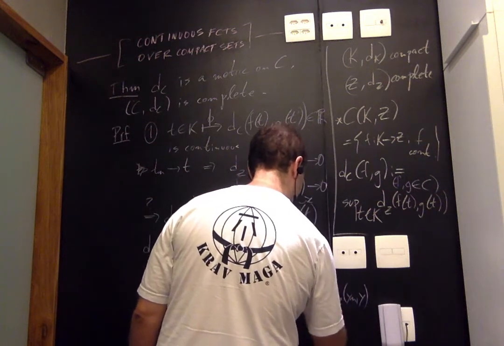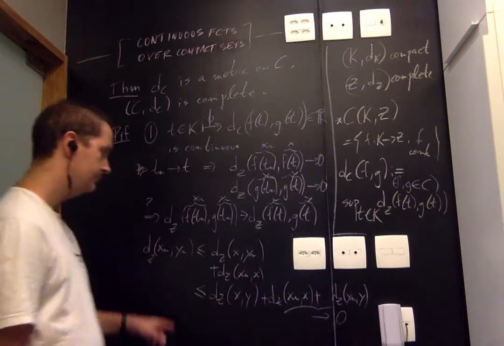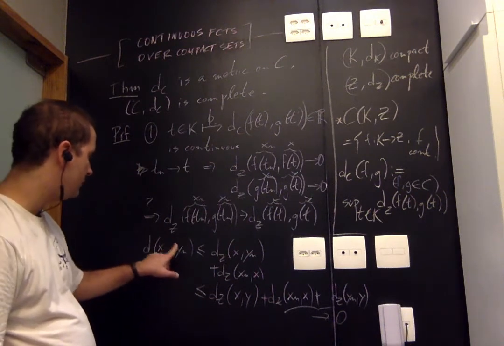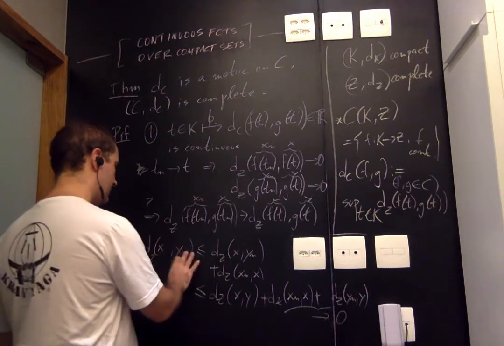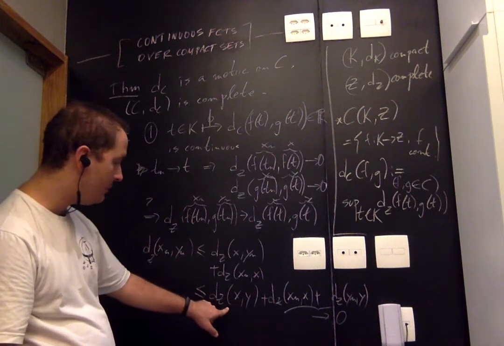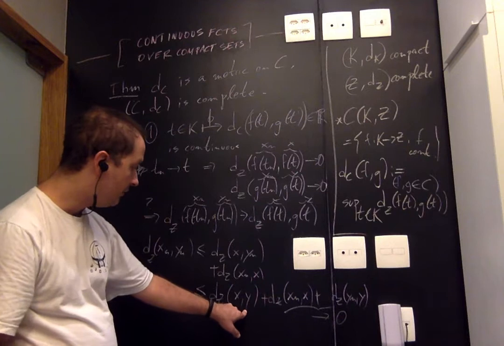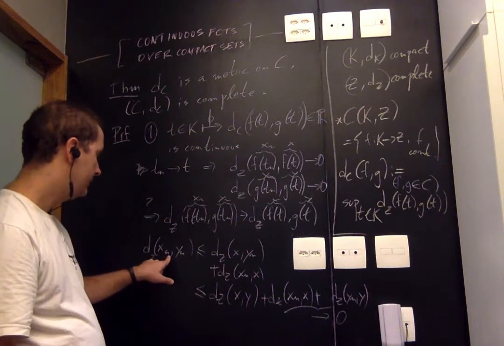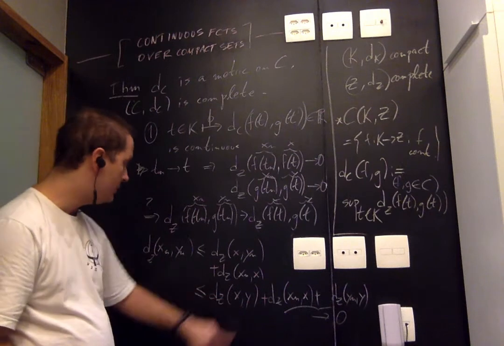And these two things go to 0. So d of x sub n, y sub n is bounded from above by something that converges, when n goes to infinity, to the distance of x and y. So the lim sup of that is at most this.